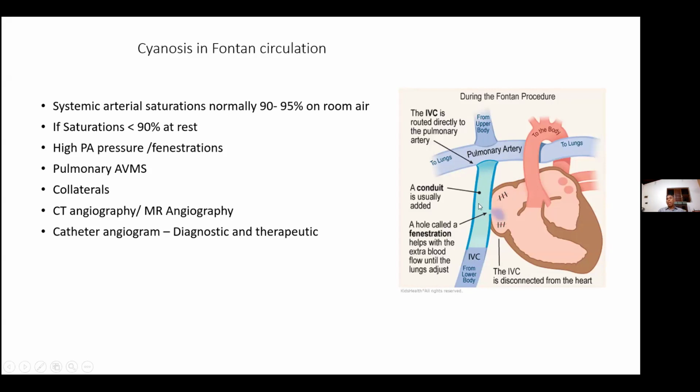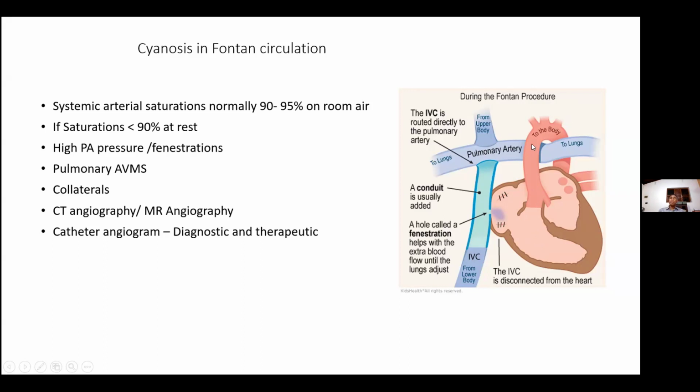This is a pop-off valve, as I have told you, because of how the circulation is happening. The lower part of the body, IVC blood comes to the pulmonary artery; upper part of the body, SVC comes to the pulmonary artery, goes to the lung, goes to the alveoli, gets oxygenated, comes back through the pulmonary vein, comes to the single ventricle, and goes to the aorta.